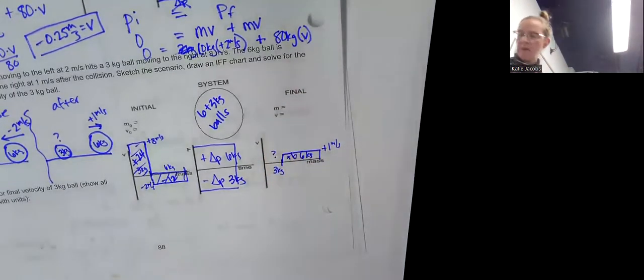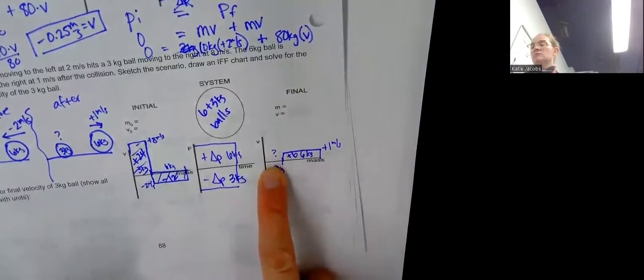So it has a momentum of positive 6. 6 times 1 is 6. Now we're going to set up our equation to solve, not for this final momentum for the 3 kilogram. We can figure that out, but we need the final velocity. That's our goal. So we're going to have initial equals final.